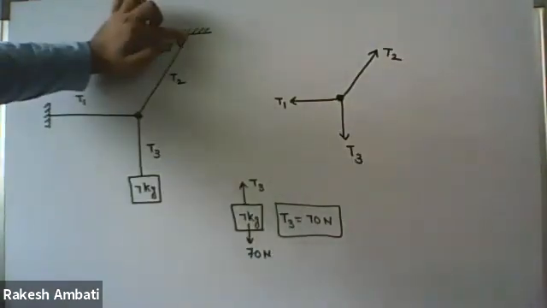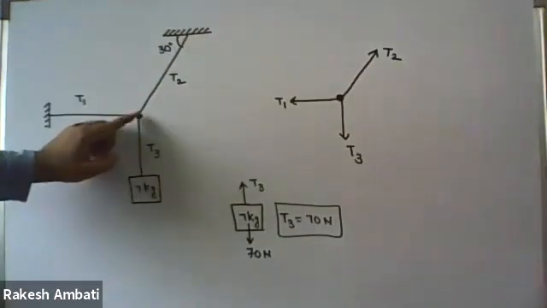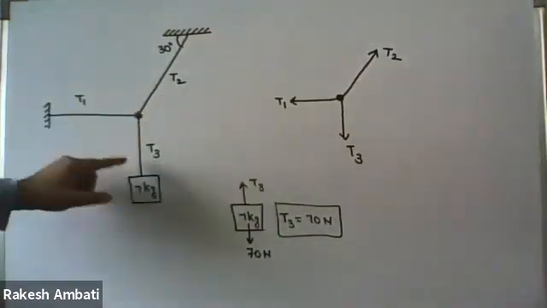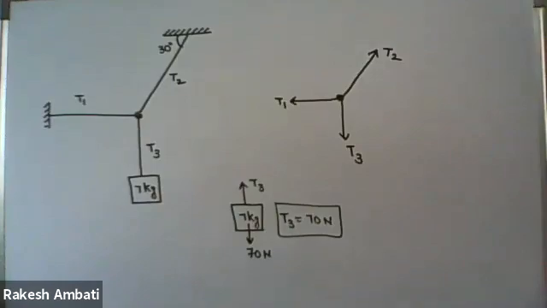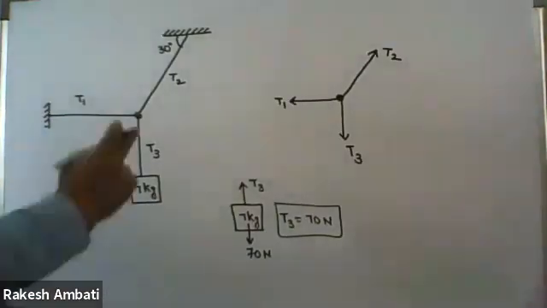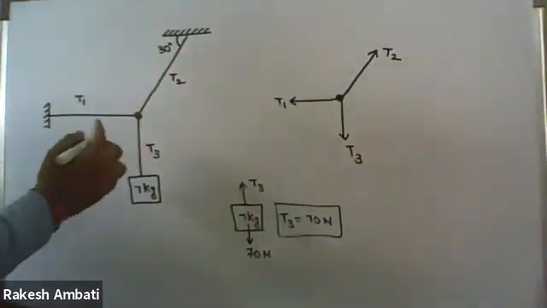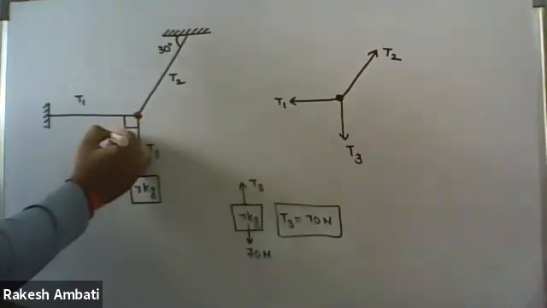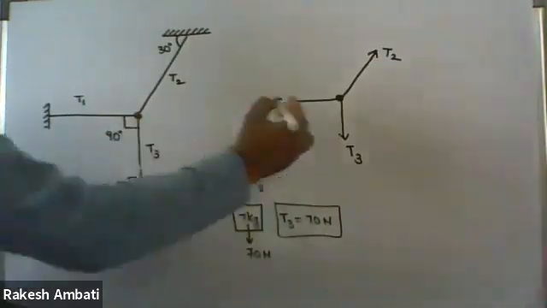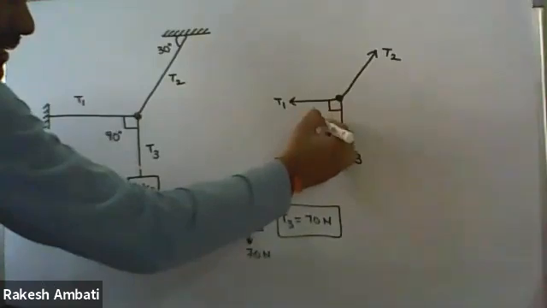This is a tie point, not necessary to consider. On this point we have to consider for the simplification of T1, T2, T3. If you see clearly here, this angle is 90 degrees.